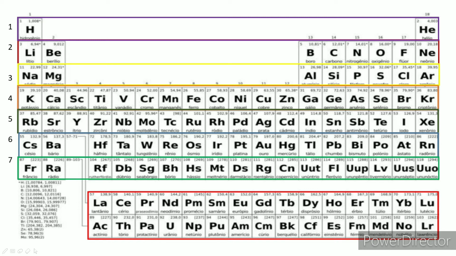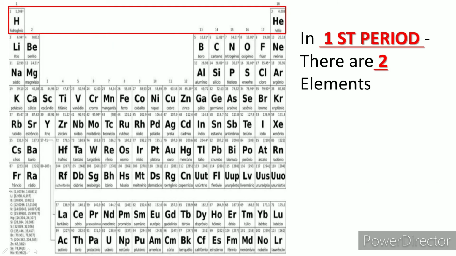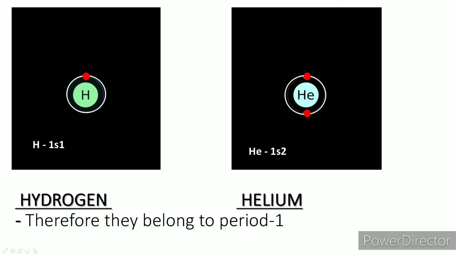Each period starts with a new main shell s subshell, and ends when the main shell is filled with respect to the s and p subshells, except the first period. In the first period, it starts with the K shell. The first period contains only two elements, hydrogen 1s1 and helium 1s2.